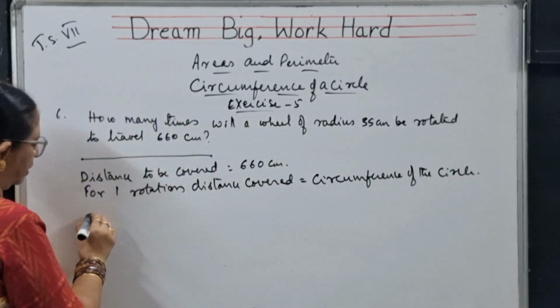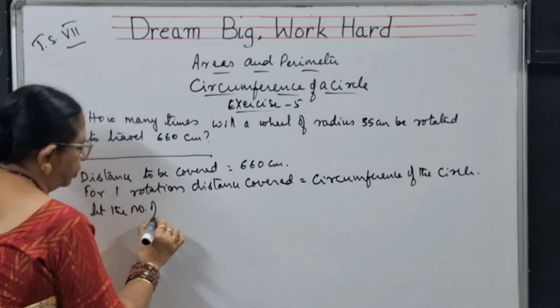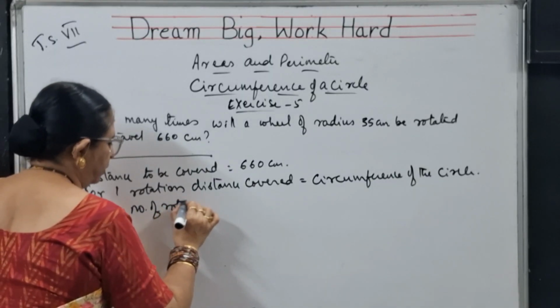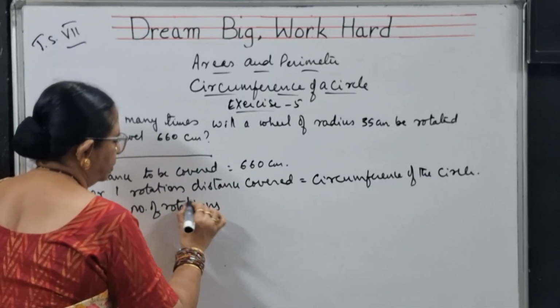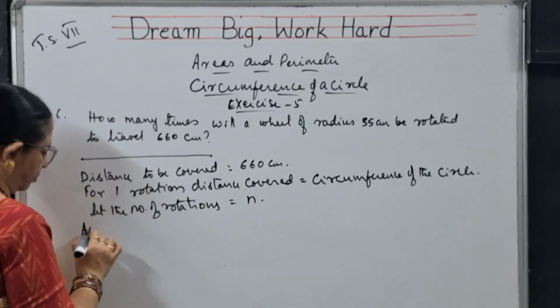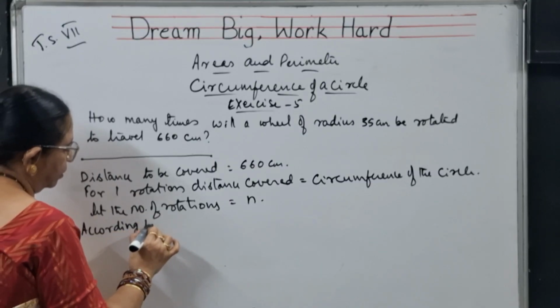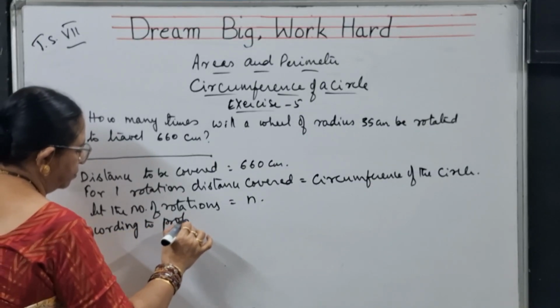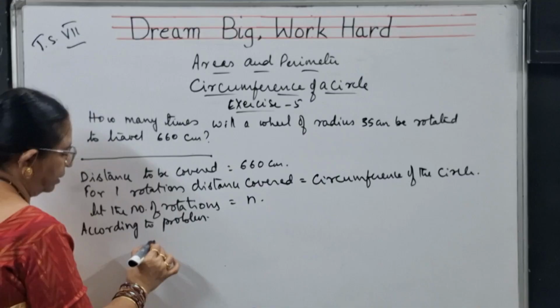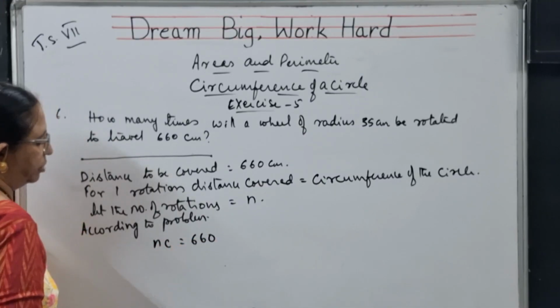So let the number of rotations made be n. How many rotations it has made, we don't know. Let us consider it as n. According to the problem, n times the circumference is equal to 660 centimeters.